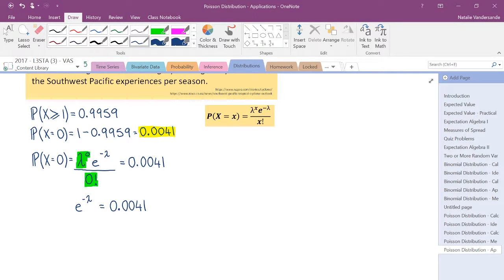The next step is to take natural logs of both sides. And it does need to be a natural log because our Poisson formula uses Euler's number e. e and a natural log are inverses of each other, so they are opposites. And natural log is different to your normal log base 10.